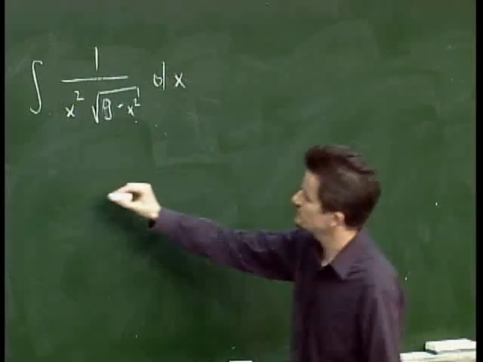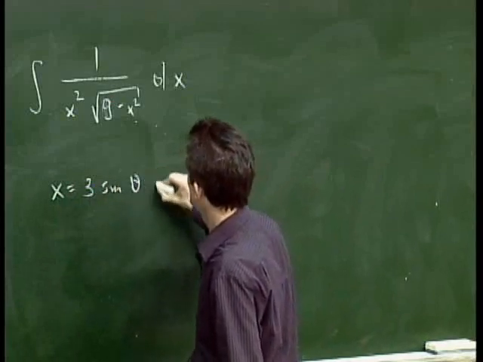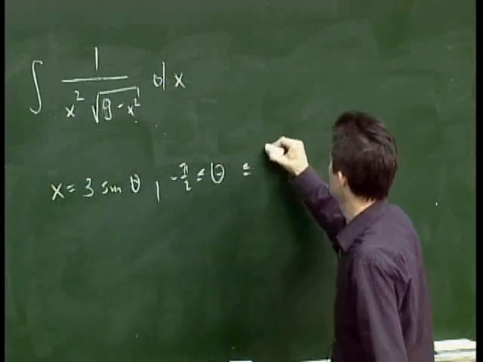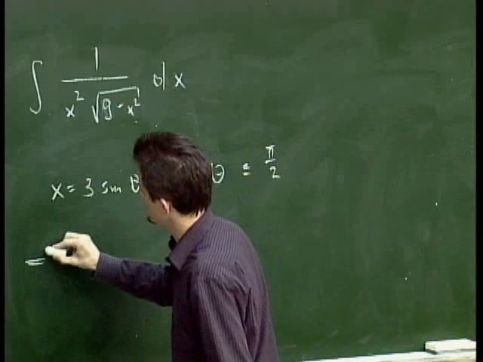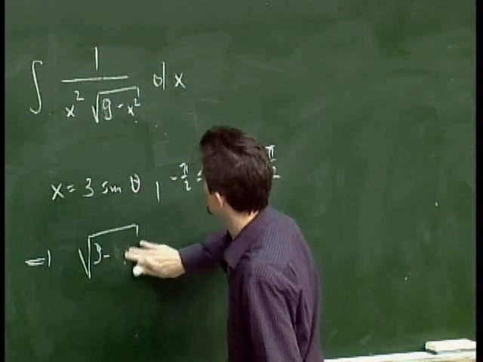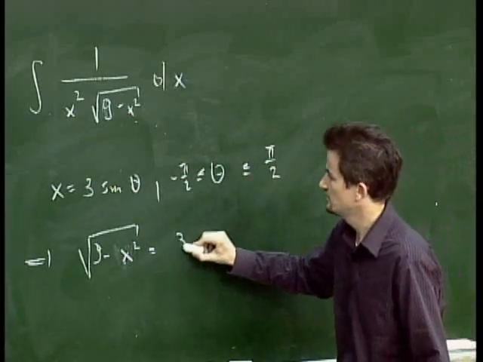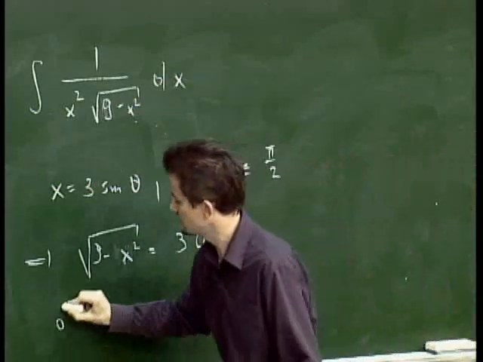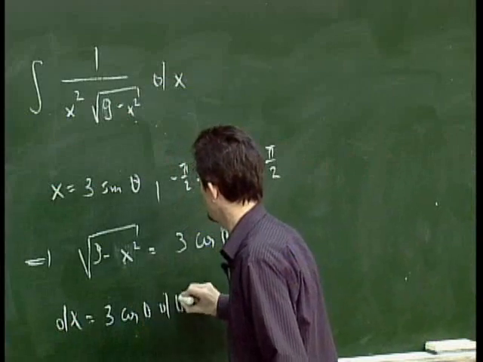So in this case, we substitute x equal to 3 times the sine of theta, where theta is between minus pi half and pi half. We saw already that this transforms the square root of 9 minus x squared into 3 times the cosine of theta. Also, we have dx equal to 3 times the cosine of theta d theta.